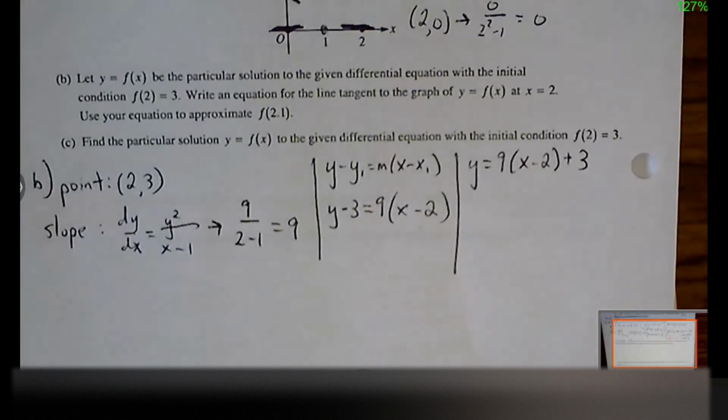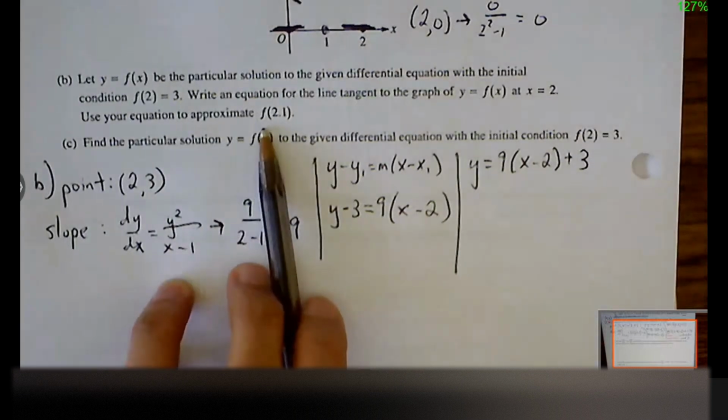Once we have our y by itself, we can use that to approximate f of 2.1.